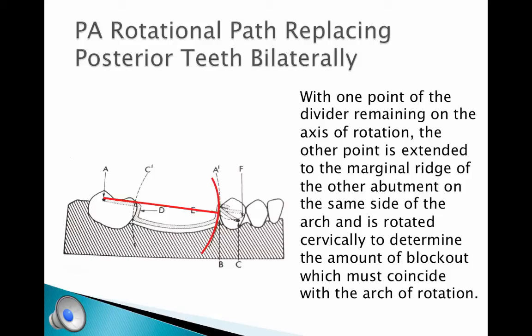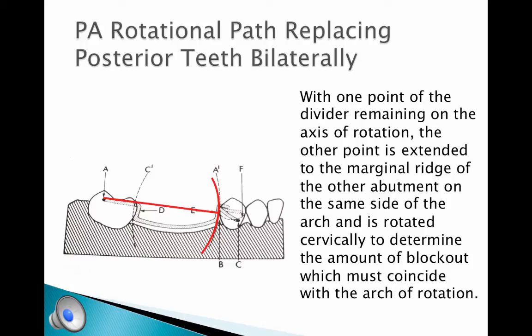With one point of the divider remaining on the axis of rotation, point A, the other point is extended to the marginal ridge of the other abutment tooth on the same side of the arch and is rotated cervically to determine the amount of blockout which must coincide with the arc of rotation.